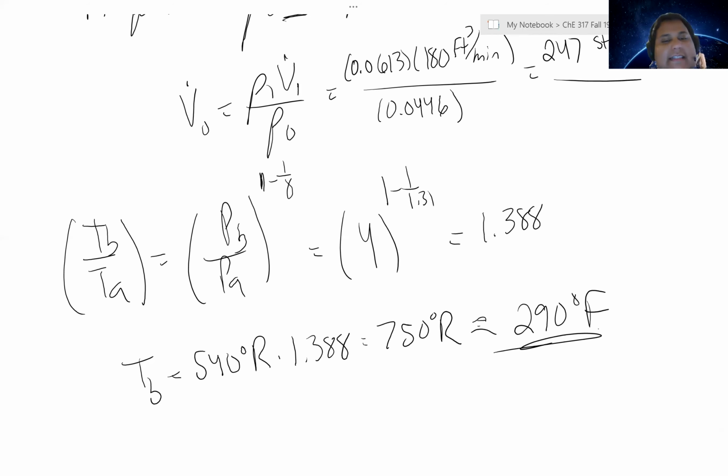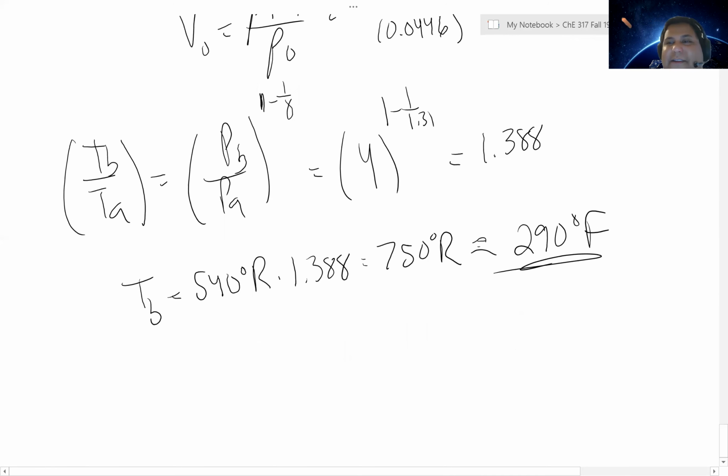And you can imagine what it would be if you tried to compress it straight from 14 to 900. So if you tried to basically make that happen, the temperature would actually be, let's see, of 986 Fahrenheit.